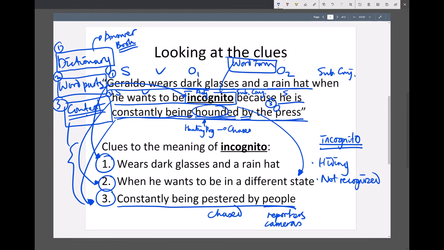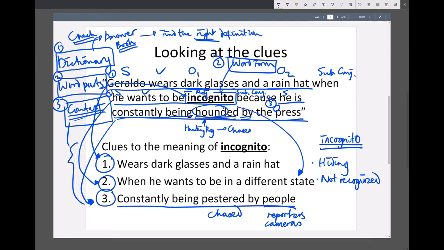So that's also a way to do it. And then we can finally check with a dictionary. And you can also use the context to find the right definition, because many words have multiple definitions, and you want to choose the right one.